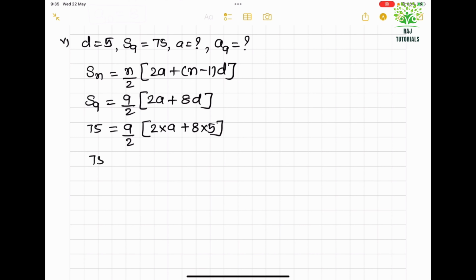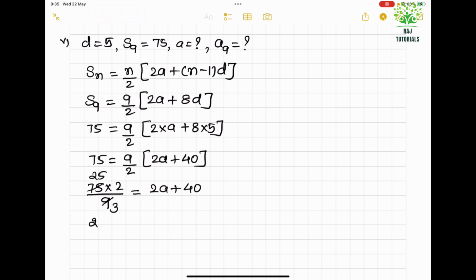So 75 equal to 9 by 2 into 2a plus 40. So I can say 75 into 2 by 9 equal to 2a plus 40.